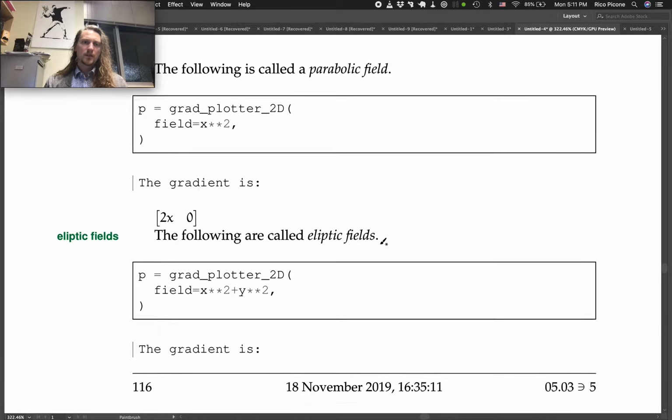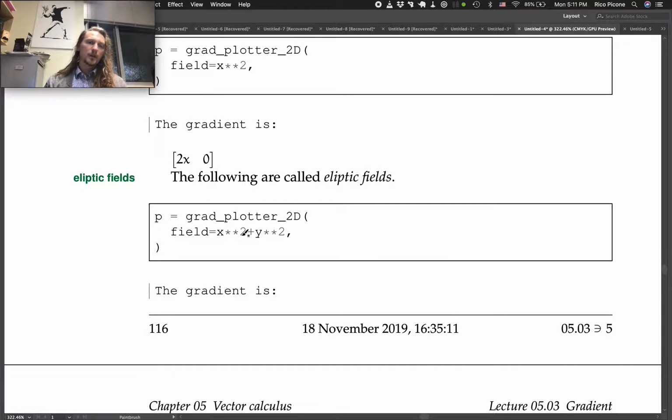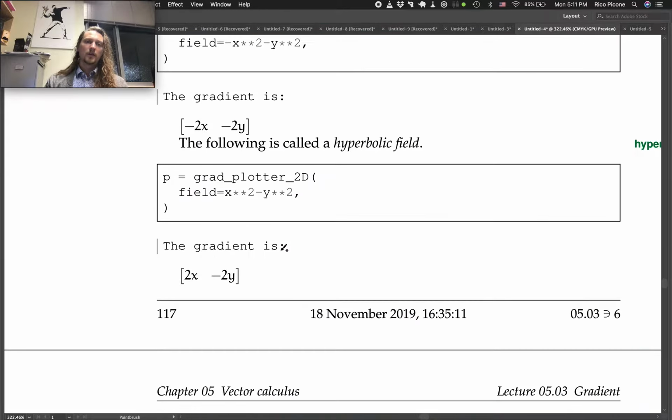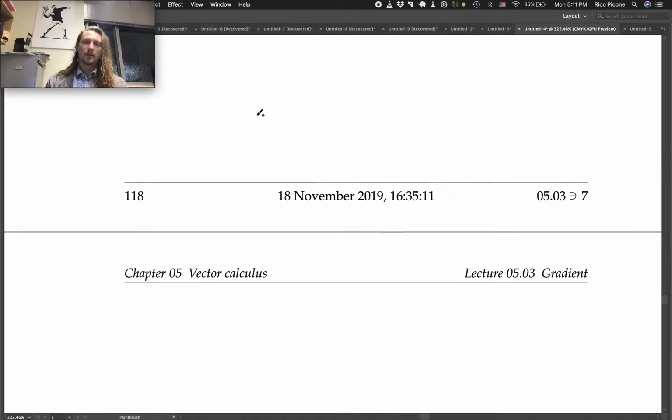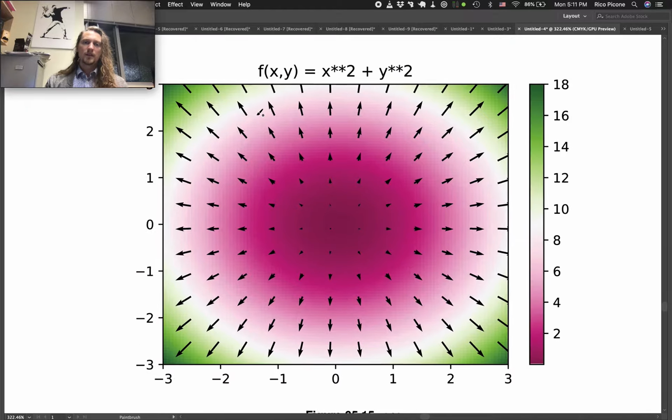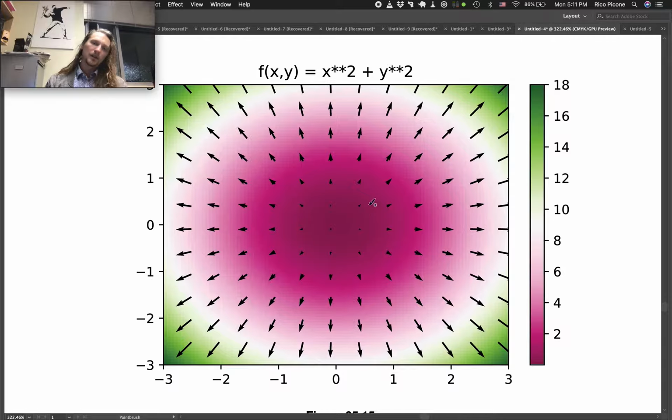The next two are elliptic fields. So if you use an elliptic equation, x squared plus y squared has a potential, then the gradient should increase in x and y, and we get this elliptic field here. So notice that this is all pointed outward. This would be a positive one.